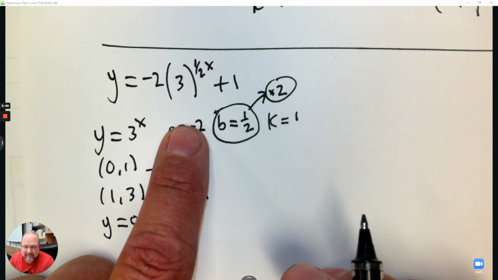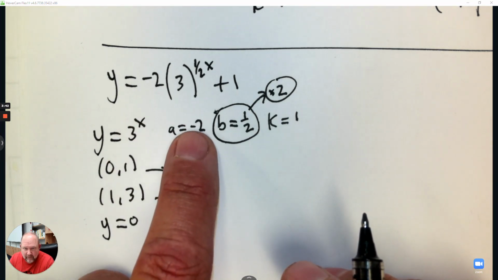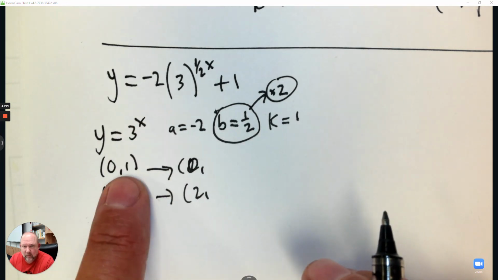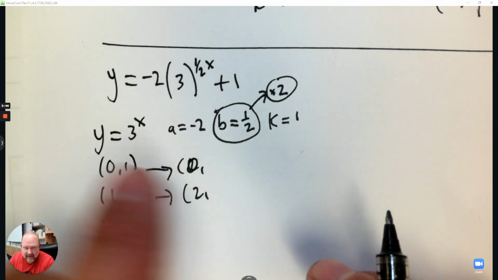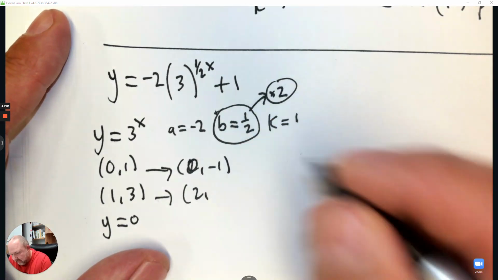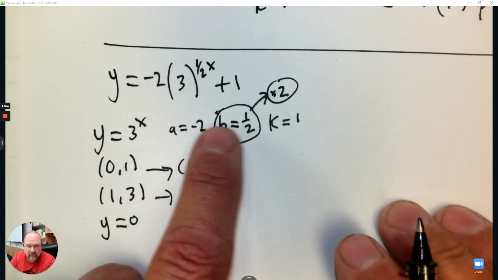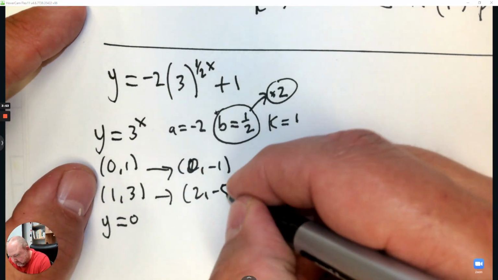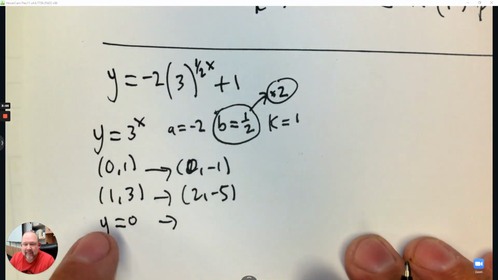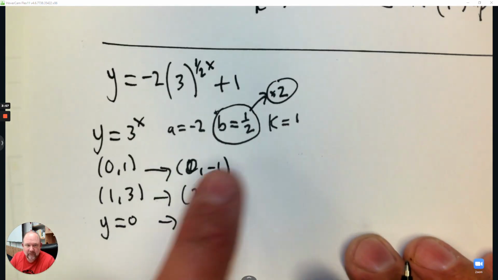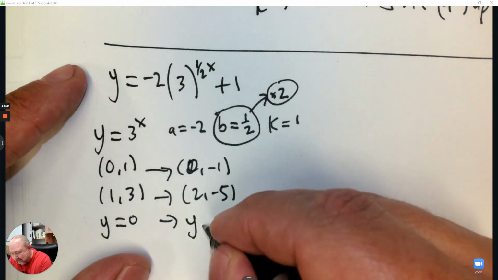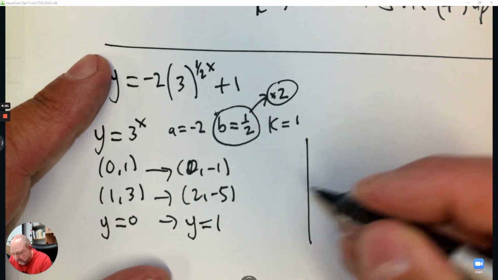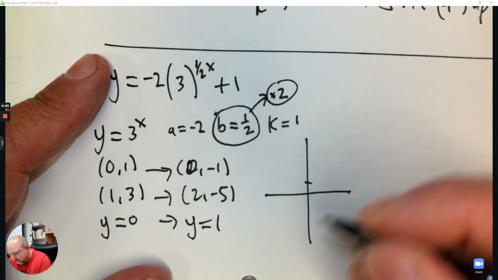To the y coordinate, we're going to multiply and then add. So we're going to go 1 times -2 and then add 1. And then we're going to go 3 times -2 and then add 1. And then to the y coordinate, when you multiply, it stays 0. So just adding 1, whatever the k value is, will be your asymptote. So this asymptote is at 1.